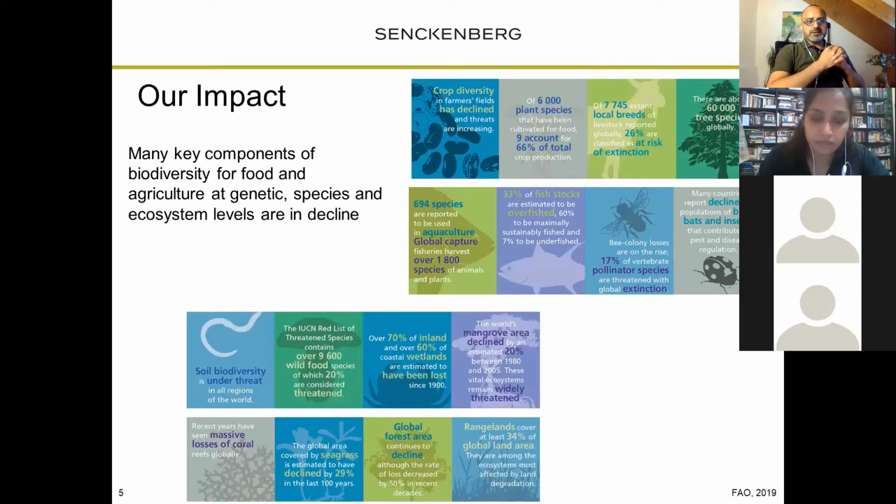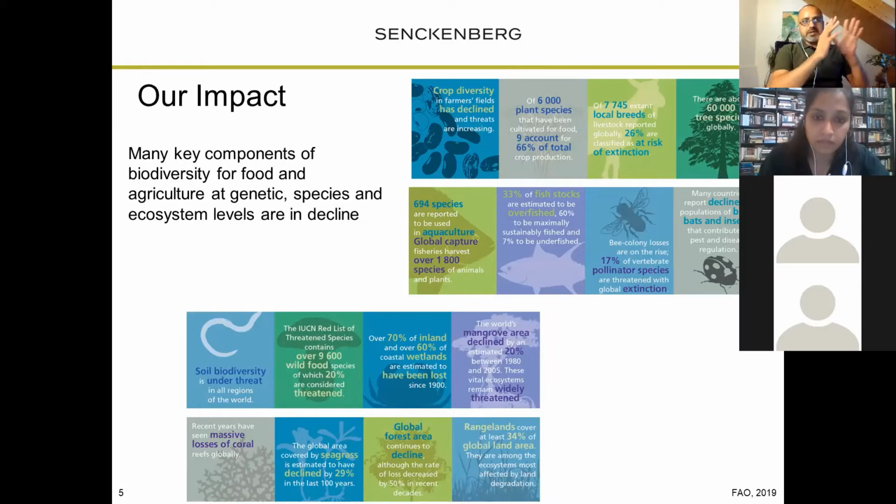And we have drastically reduced the biodiversity and the number of different species, whether by intensification of agricultural practices or otherwise. Crop diversity in farmers' fields is also drastically reducing.